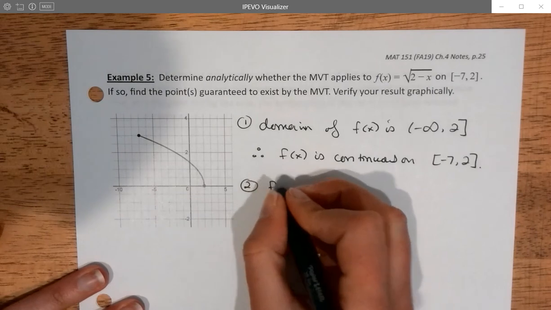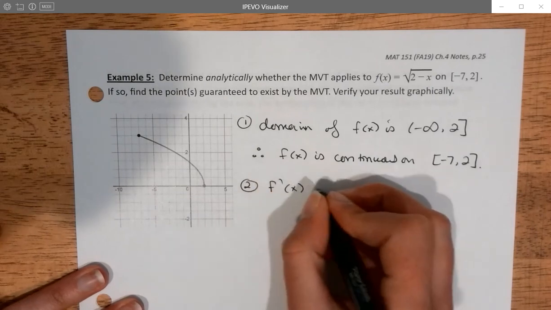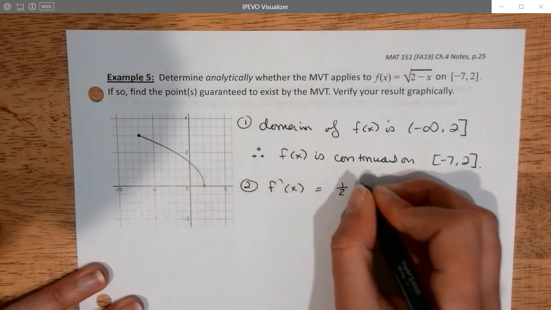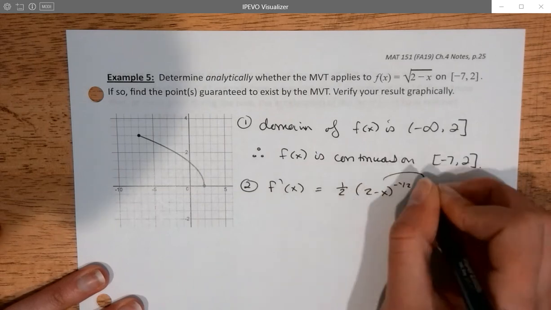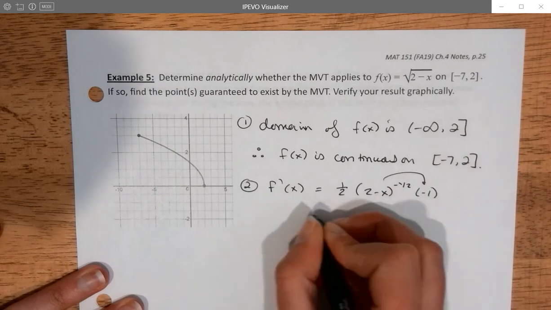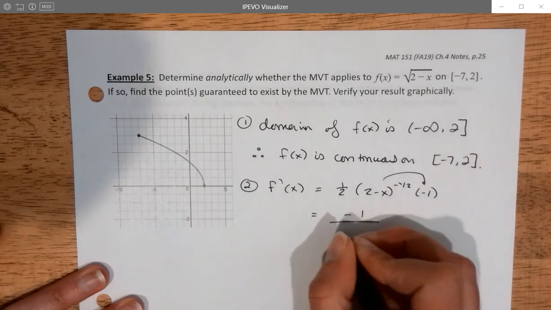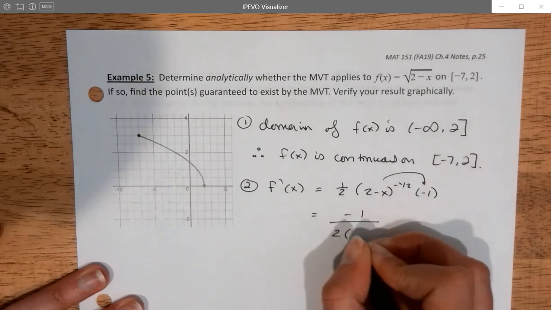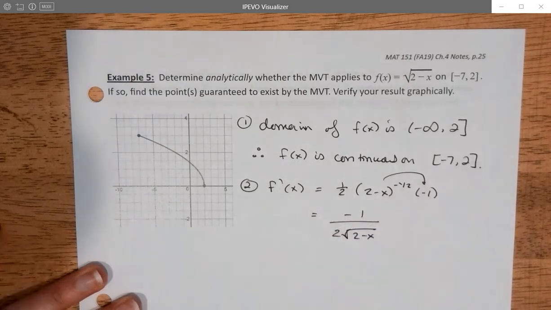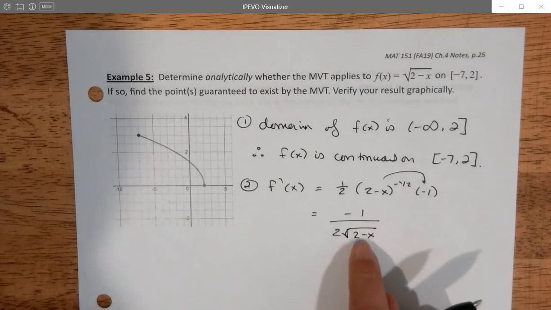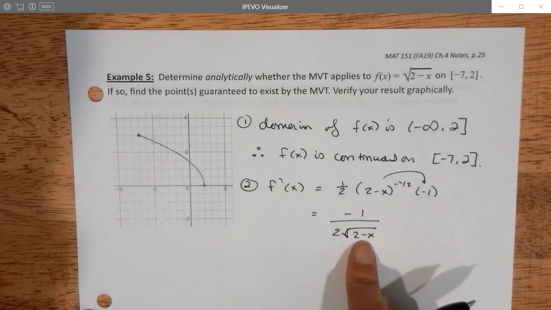Okay, so the derivative is 1/2 (2 minus x) to the -1/2. Derivative of the inside, -1. So that's -1 over 2 times the square root of 2 minus x in the denominator.